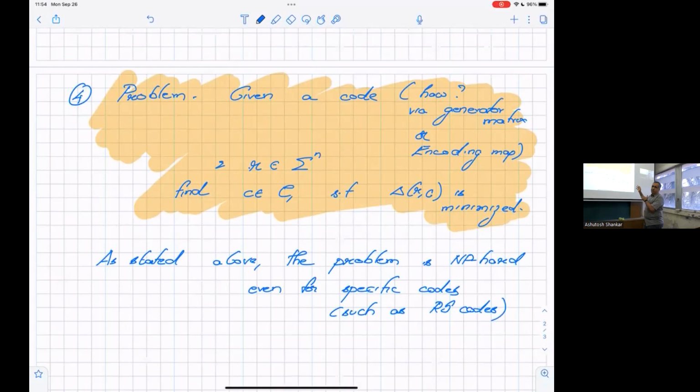But we still do want to solve this problem. We don't want to throw our hands up and say, oh, this is NP hard, I'm not going to solve it.